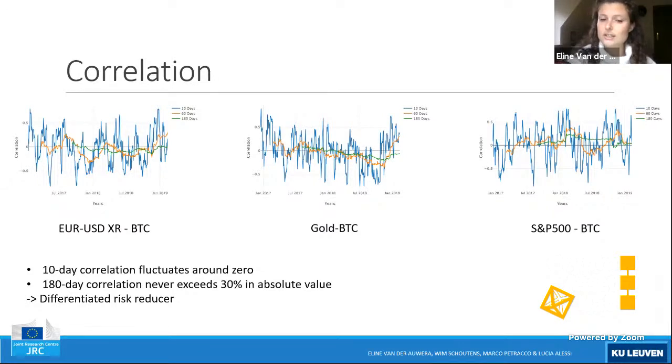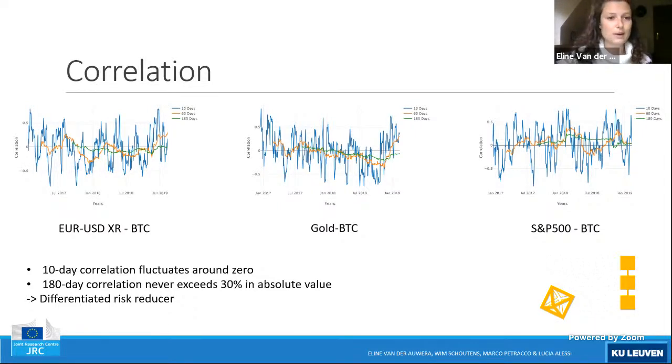This is an indication that cryptocurrencies can indeed be used as a differentiated risk reducer, which has a lot of nice properties if you want to use cryptocurrencies in your portfolio, because this means that if the price of any of the other assets in your portfolio moves, it does not mean that the price of Bitcoin will move in the same or a different direction, which is a very nice property to add to your portfolio.